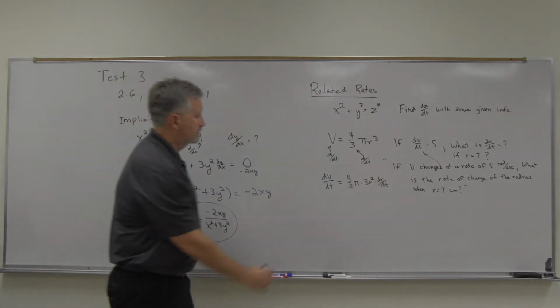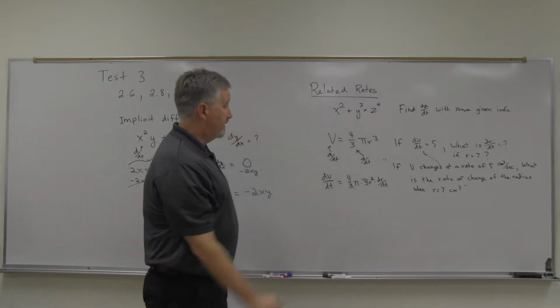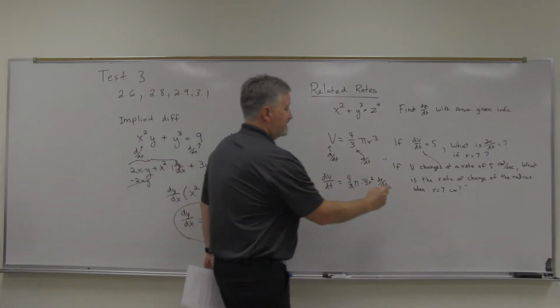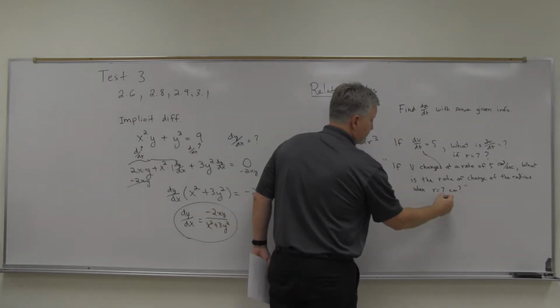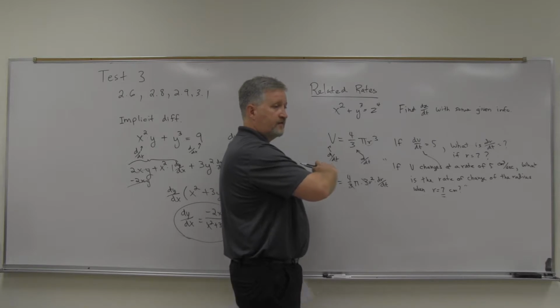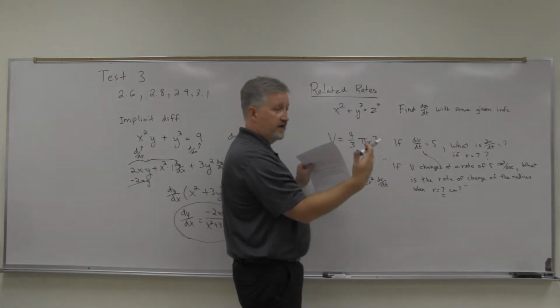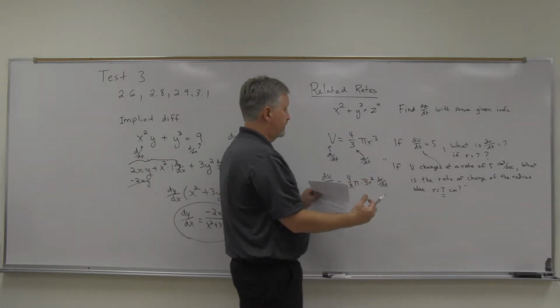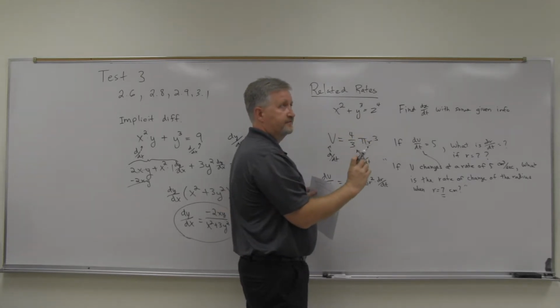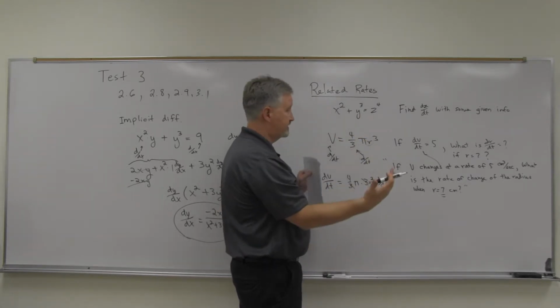So the 3's cancel, and this brings up the other point. Notice I didn't plug in r to be 7, because the volume is changing, meaning the radius is changing as we go along. So you don't plug in a number unless it's fixed, unless it doesn't change as time goes along.